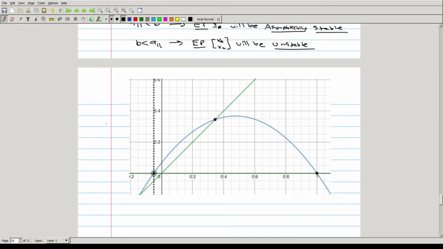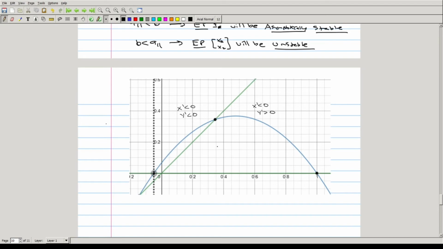So this is the plot from 4, and if you consider the fact that in this region x prime is less than 0 and y prime is less than 0, in this region x prime is less than 0 and y prime is greater than 0.